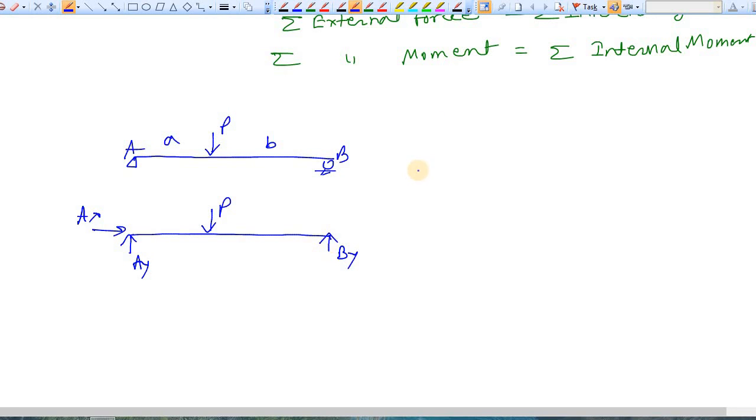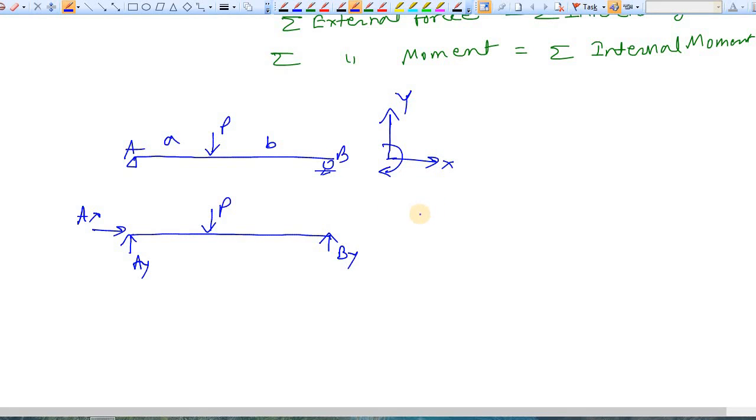Now let's say first we are considering equilibrium in the X direction. This is the X direction, this is the Y direction, and we have moment about the Z axis. So what about equilibrium in the X direction?